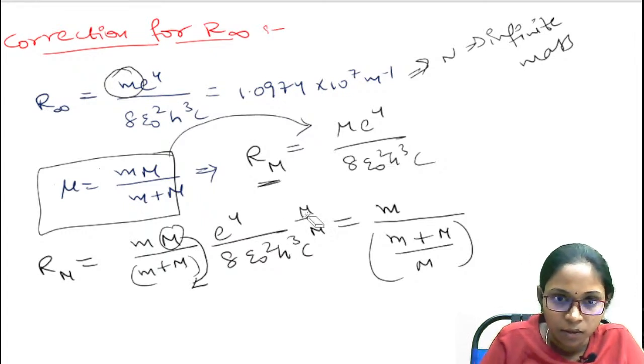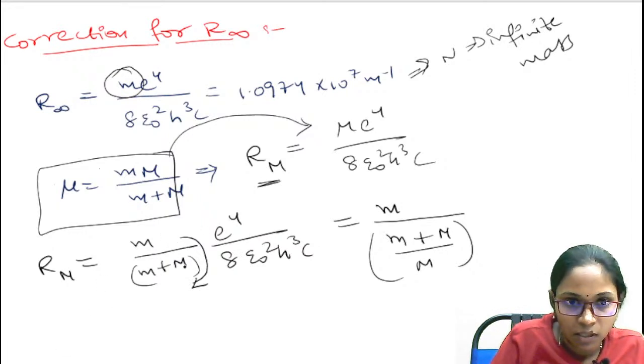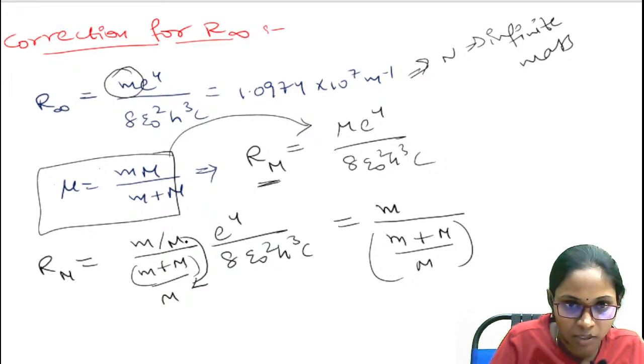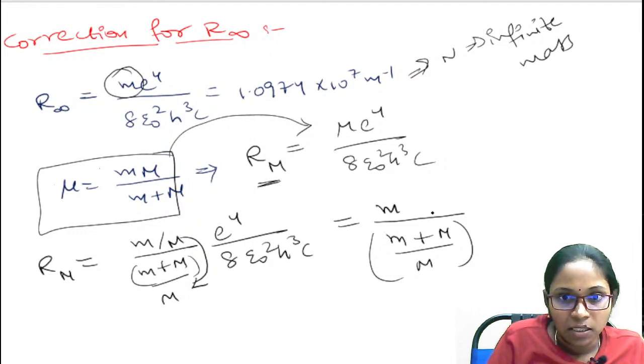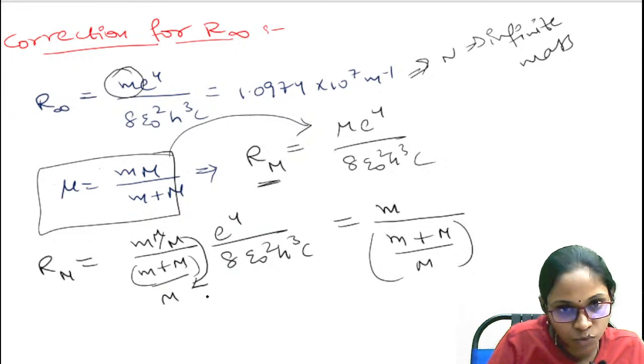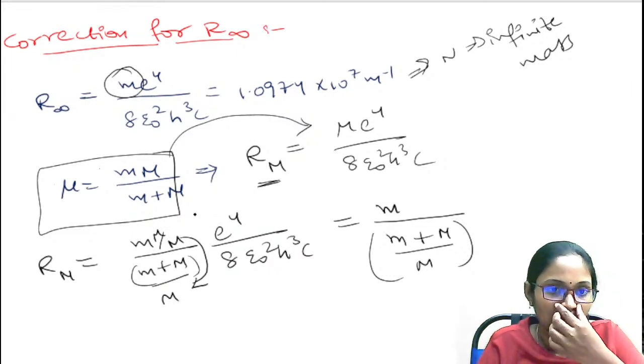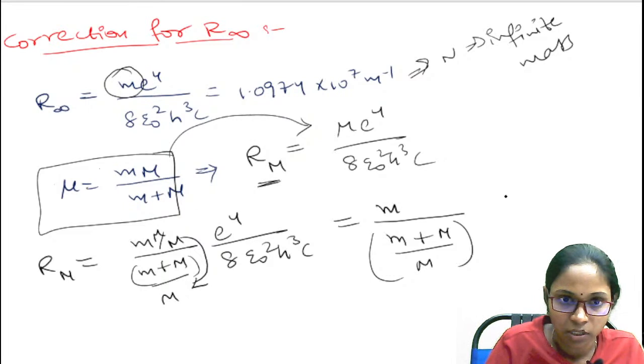Therefore, I divided the numerator with capital M and also the denominator with capital M. Or else you can also bring this capital M towards the denominator. Do it whichever way is convenient for you, both methods are the same.